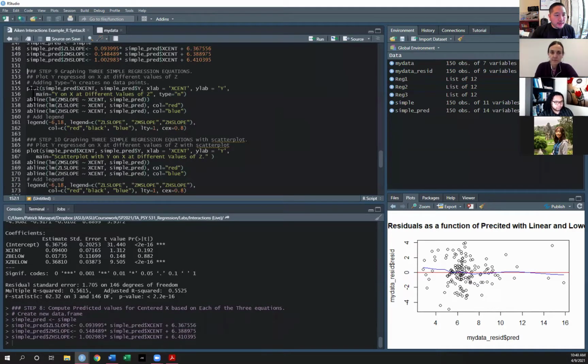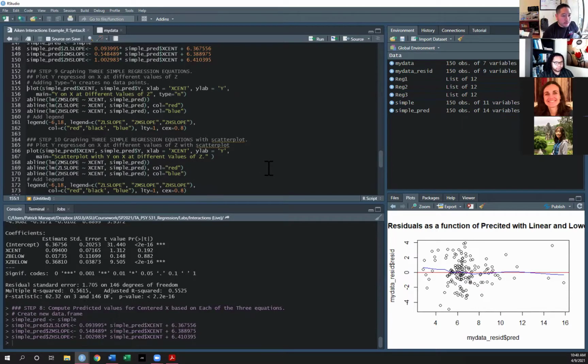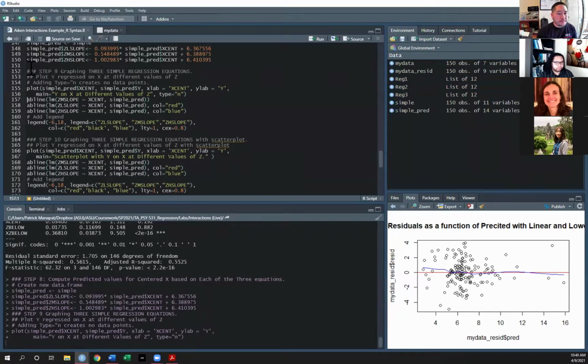Then I'm going to plot the scatter plot for X against Y, with an X label, X-cent, a Y label, Y, and a title. I want type equals N because I don't want to plot the points. I want the plot to be a little cleaner and just have the regression lines.